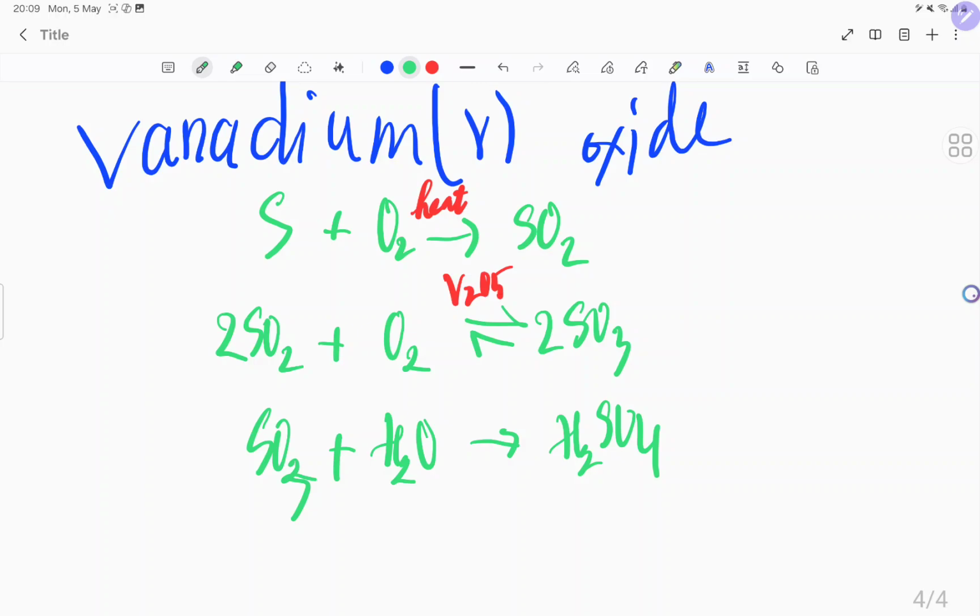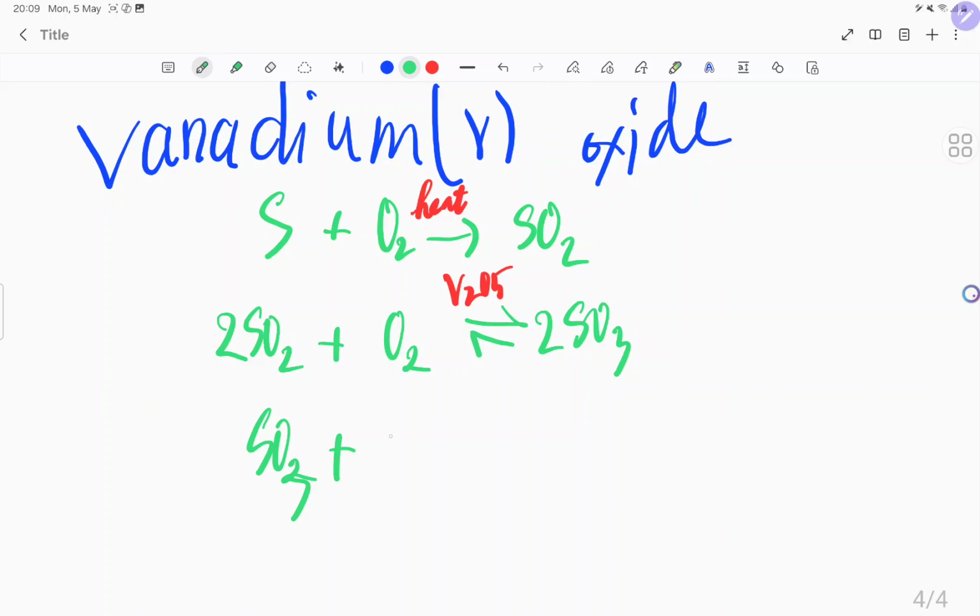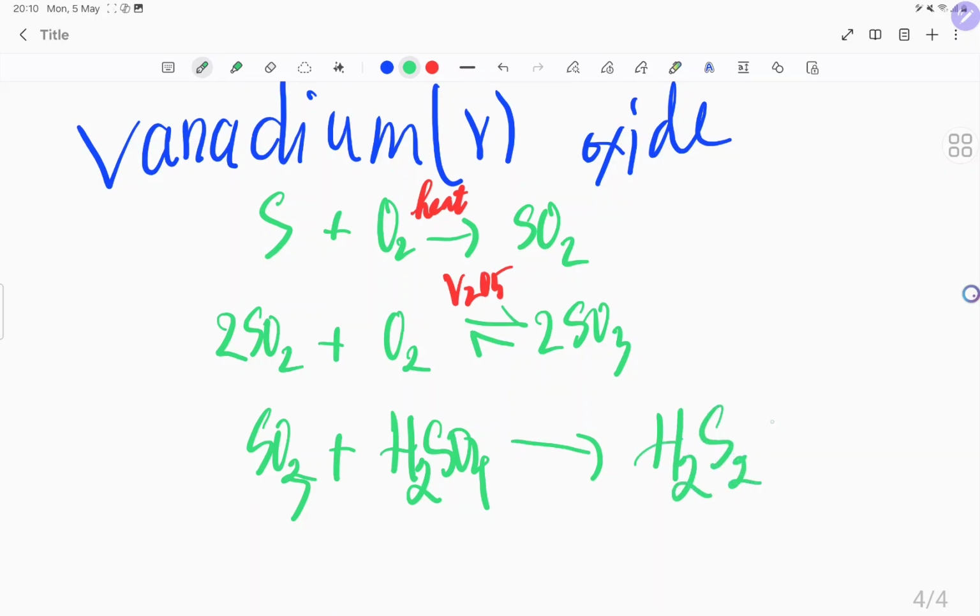So in industry, you don't use this reaction to make sulfuric acid, but instead they let SO3 react with a solution of sulfuric acid, and then it will become H2S2O7, which is also called oleum.